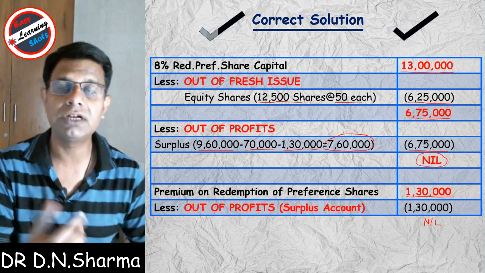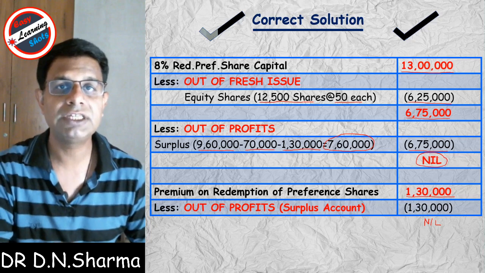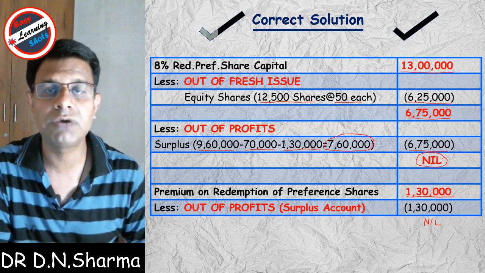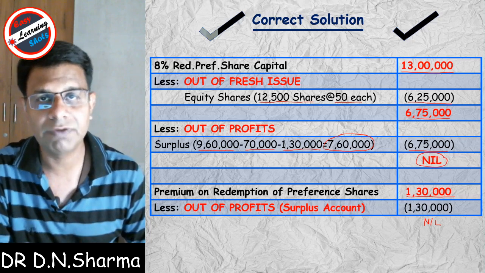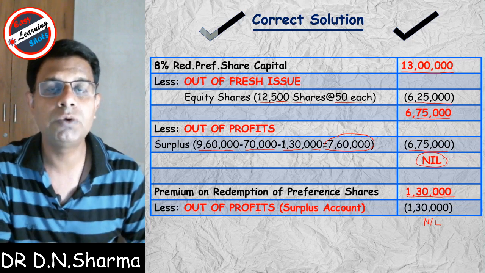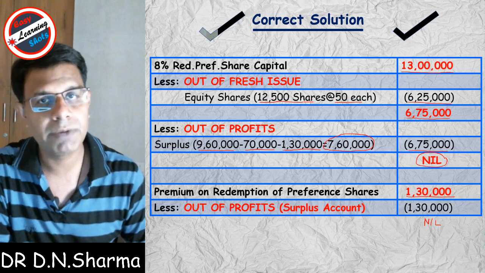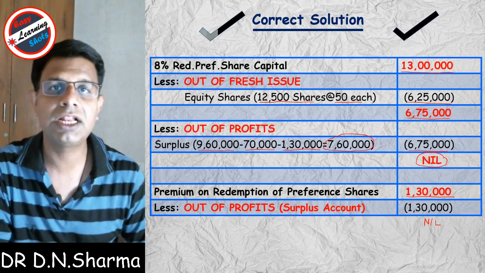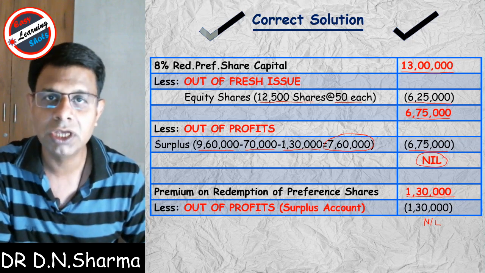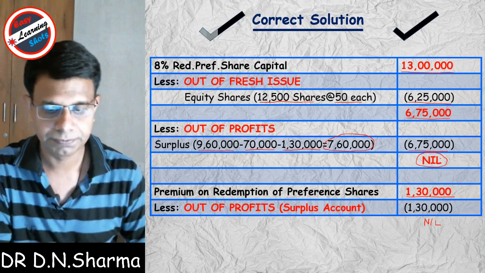Now when we do general entries for this, first the total liability is transferred to a common account that is known as preference shareholders account. Then we do the out of profits entry, afterwards out of fresh issue, premium adjustment, and the last general entry is redemption of preference shares or repayment of capital.